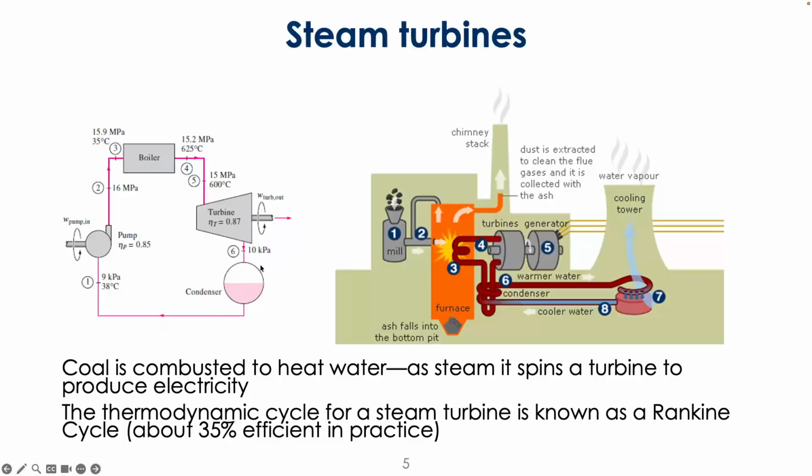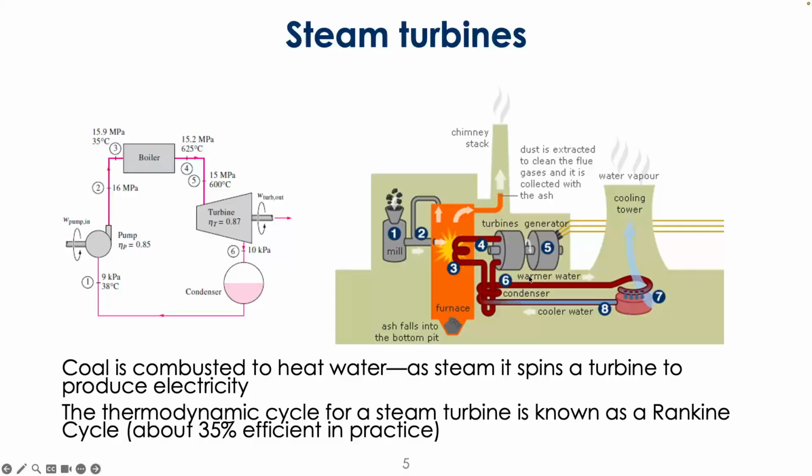That thermodynamic cycle is known as a Rankine cycle, and you can see the diagram of the efficiencies here. The Rankine cycle is about 35% efficient in practice. So if you think about the energy content of the coal turning into electricity, about 35% of that energy content is actually what gets generated as electricity, and the rest is lost as heat. Okay?